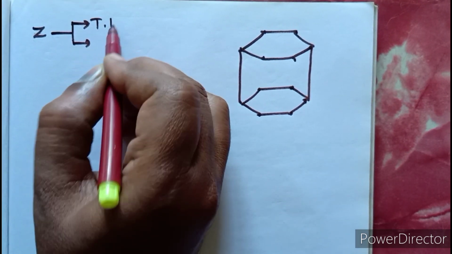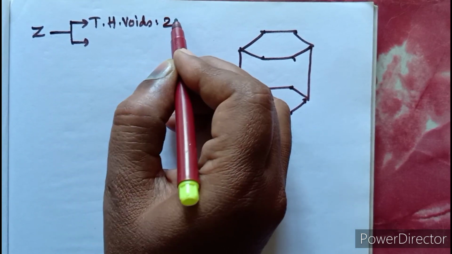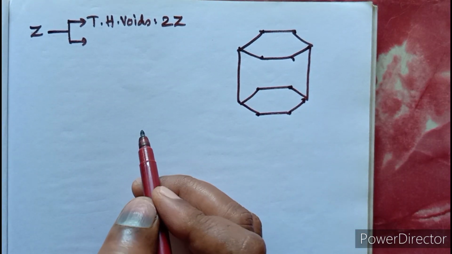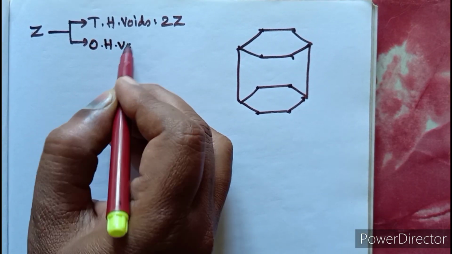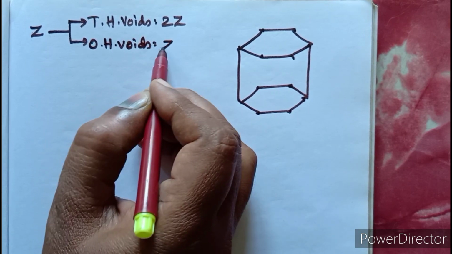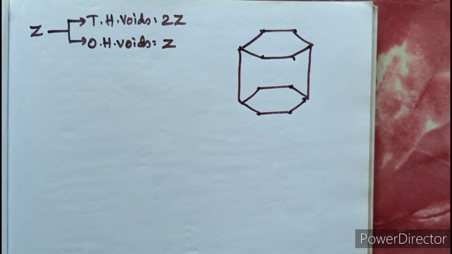That is, 2Z tetrahedral voids are present, and Z octahedral voids are present in any close packed structure.